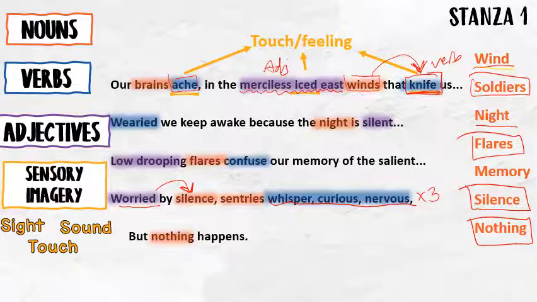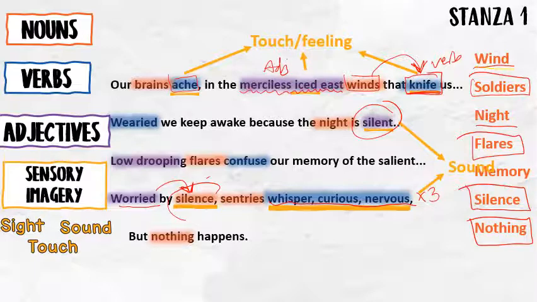In this opening line, ache, iced, and knife really create this sense of touch, this feeling. They're, as I said before, a very physical description. We also have sound created through silent, and it's been repeated twice, so we always pay attention when something's been repeated. And we have the whisper, curious, and nervous.